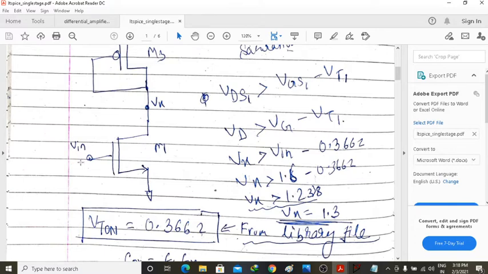See, ICMR plus is the maximum input voltage which can be applied to an NMOS so that it remains in saturation region. Because if it goes in linear region, then we will be facing difficulty, right? So Vx should be greater than 1.238 volt. So we are assuming Vx to be 1.3.